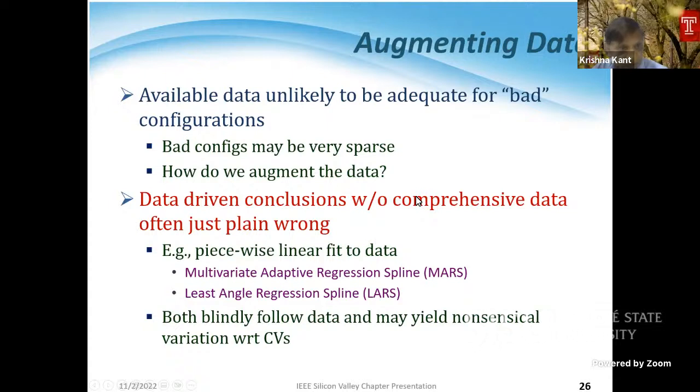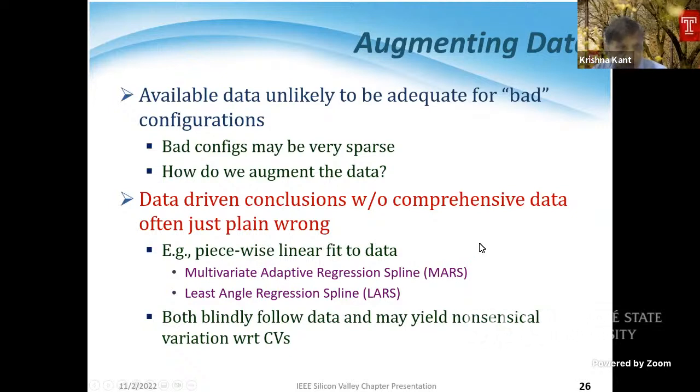The first answer that obviously comes in is that we are going to use machine learning techniques, in particular semi-supervised learning, for example. But what we found is that if you entirely depend upon the data and try to find the behavior of the configuration variables based upon the data, you often come up with very misleading conclusions.